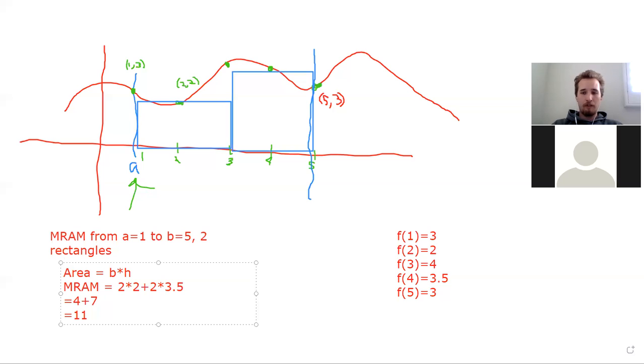She might give you x to the third, and you might have to say, okay, I need to go from 0 to 3. I have to plug in 1 into x to the third, and plug in 2 into x to the third, and you have to manually get your heights. But as long as you plug in all your values and get all the heights, the rest becomes simple. You just have to recognize what the width of each rectangle is and then plug in for the heights. And if you draw it out, you won't mess up.